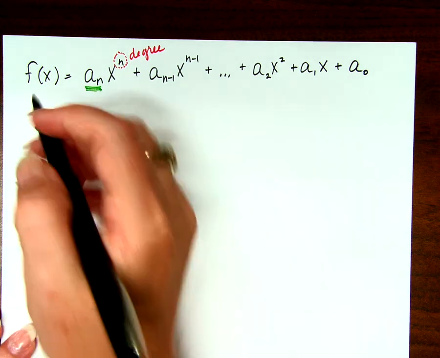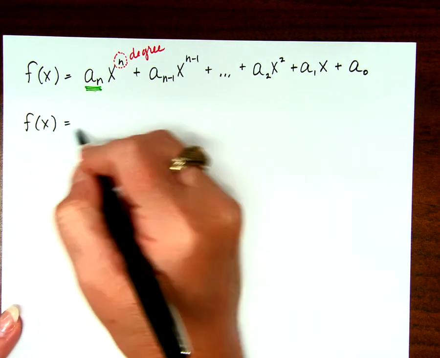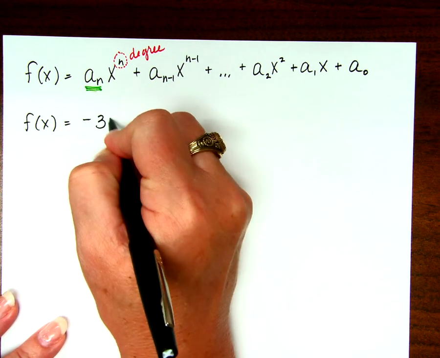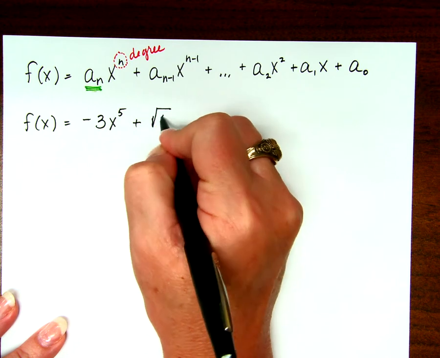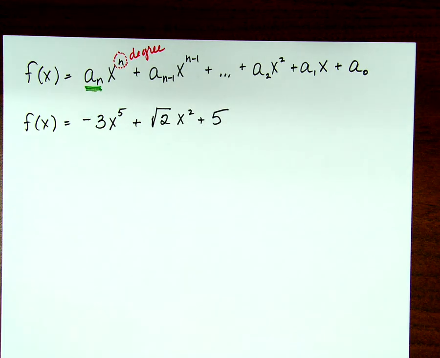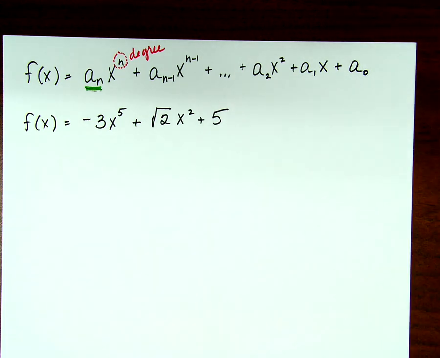Got it? So I'm going to give you some expressions or equations, excuse me. And I want you to be able to tell me if they are polynomials or not. So first of all, is this a polynomial? Does it have decreasing order of exponents?